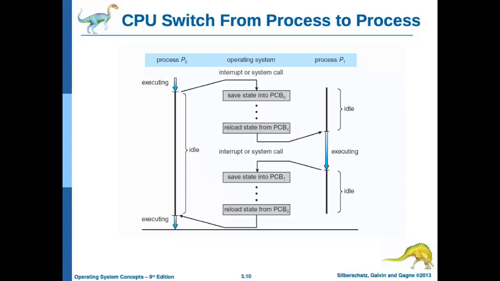Assume that there are two processes, process P0, which is mentioned here, process P1, and now CPU wants to switch from P0 to P1 and coming back to P0. So actually two context switches are there, two CPU switches are there. So assume your time is in this direction.